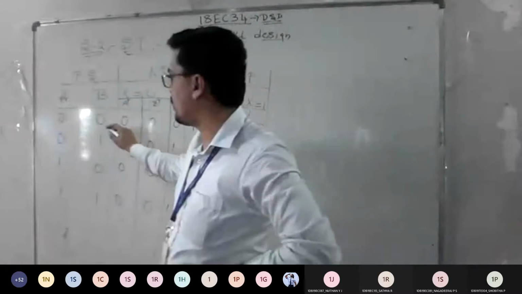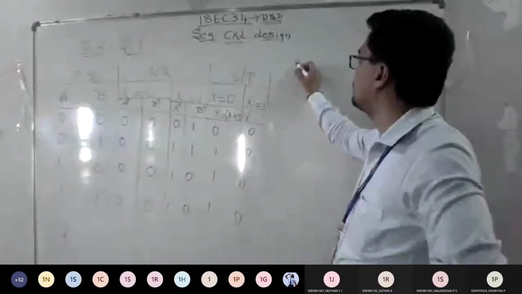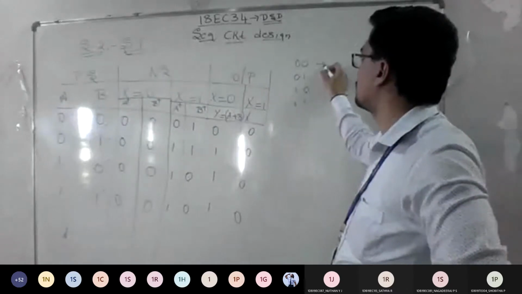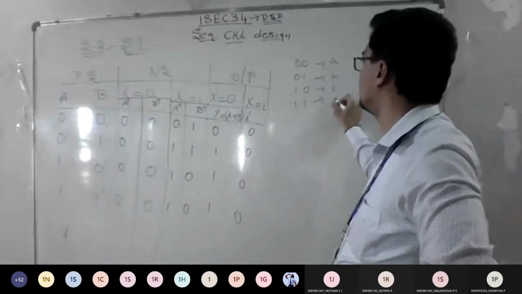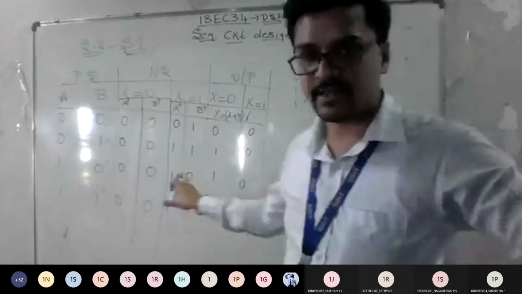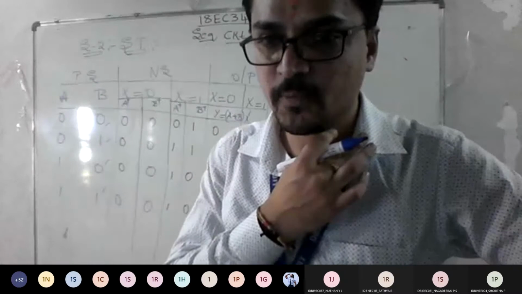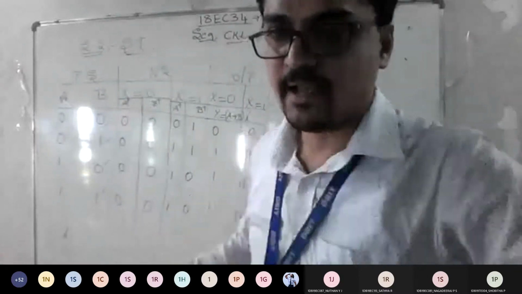To plot the excitation table, you need to designate the given binaries in terms of variables. How many combinations do you have? 0 0, 0 1, 1 0, 1 1. So let me have variables A, B, C, D. If you mark A, B, C, D in this state table, then the excitation table will be easier for you to use to plot a state diagram.